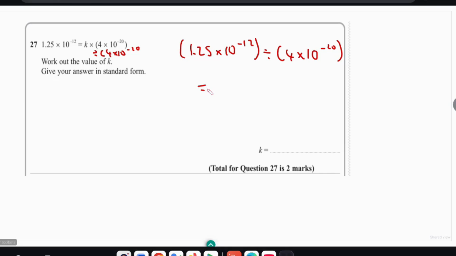You can use your calculator here. There is a standard form button, the 10 to the x. If you just type it straight into your calculator, you get this answer here. 31,250,000 in standard form is 3.125 times 10 to the power 7.